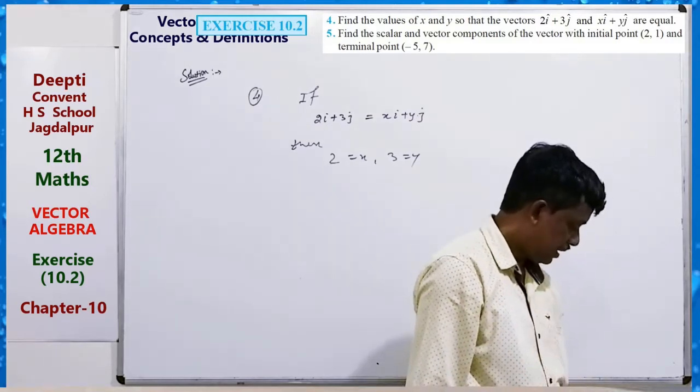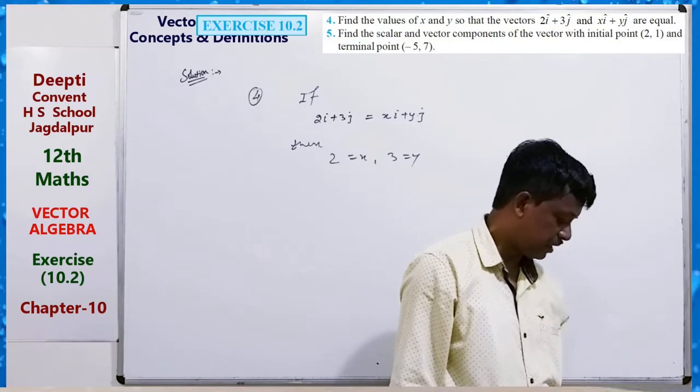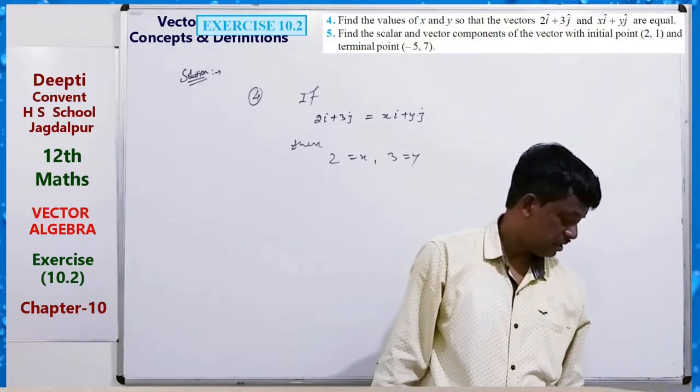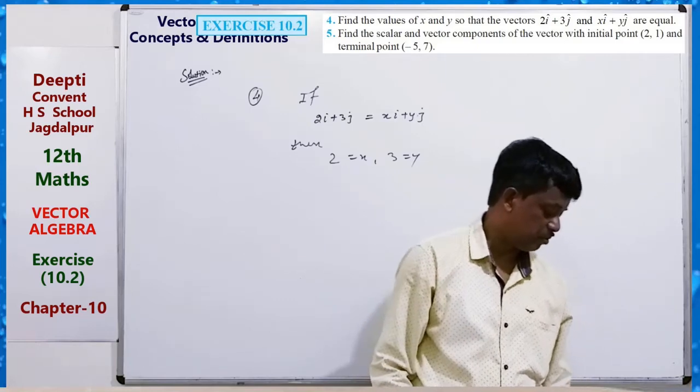Question 5. Find the scalar and vector components of a vector with initial point (2, 1) and terminal point (-5, 7).